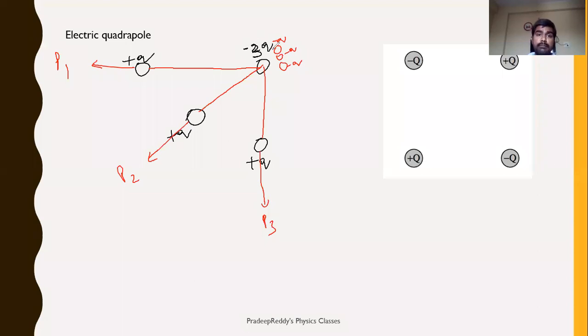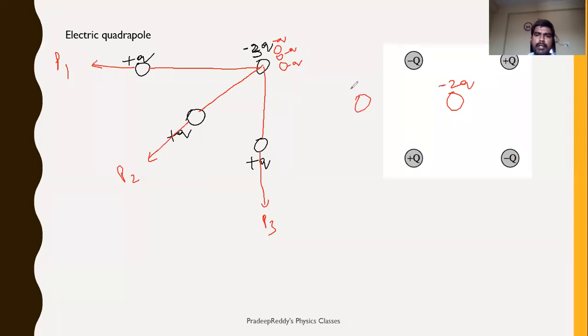Suppose if here it is minus 2Q charge, three dipoles cannot be formed. Only two dipoles can be formed. Okay, for example, if this is minus 2Q charge over there. If it is minus 2Q, this plus Q cannot form a dipole. Corners plus Q charges will be, like I'll show you here. It is, for example, minus 2Q.